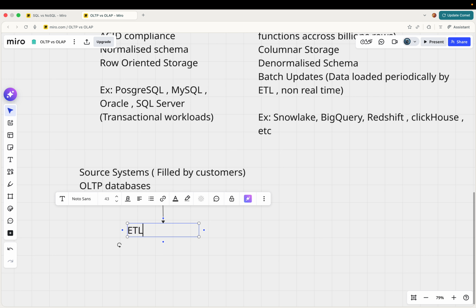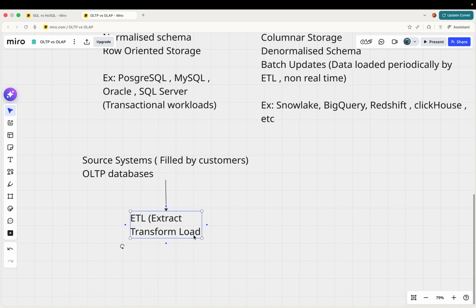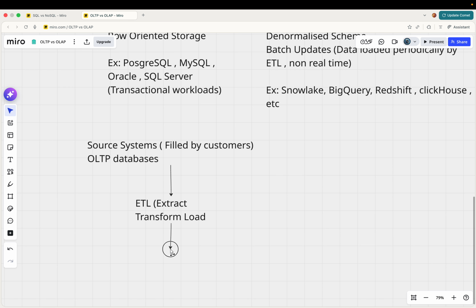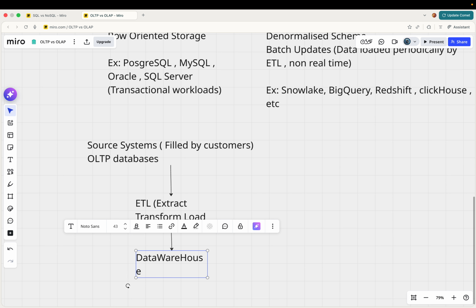Now what happens? Some pipeline will be there, an extract, transform, load pipeline. From that pipeline, we'll load the data into the data warehouse. This data warehouse is OLAP optimized.